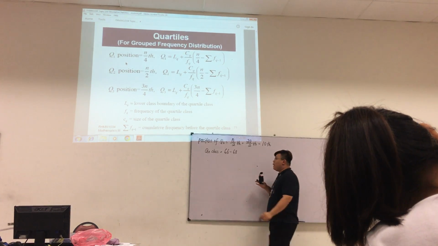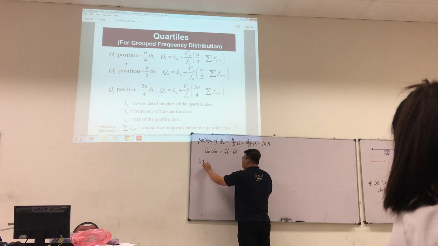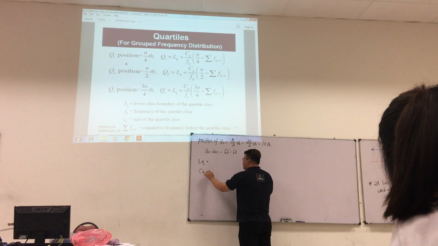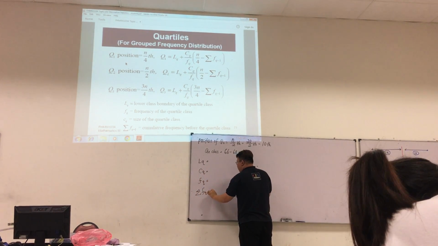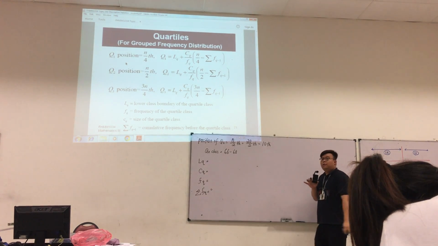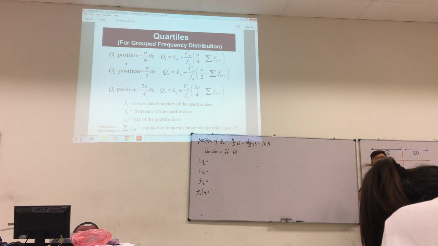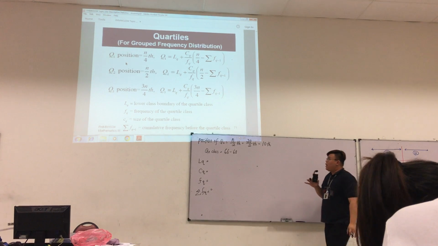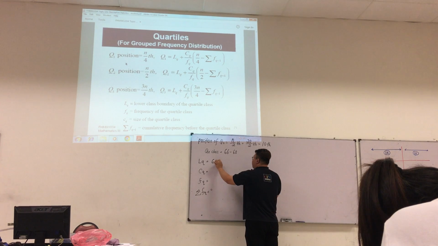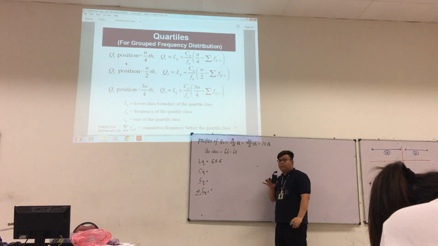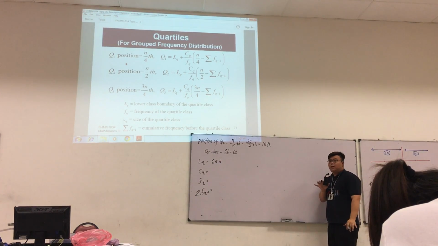Once again, we are going to list down the information. You need to have LQ, CQ, FQ, and summation of FQ minus 1. LQ, the lower boundary of the Q2 class, will be 65.5 because you have discrete group data, so it's just the lower limit minus 0.5.